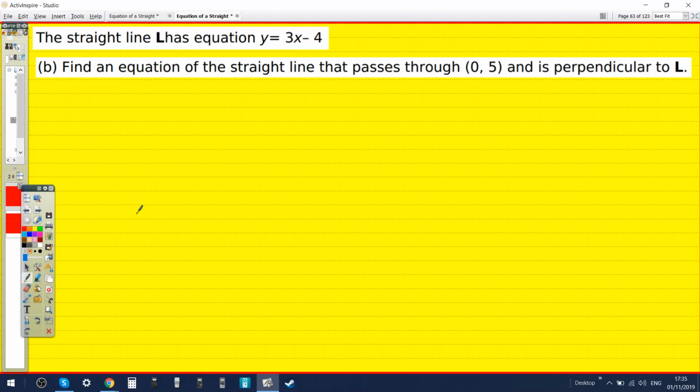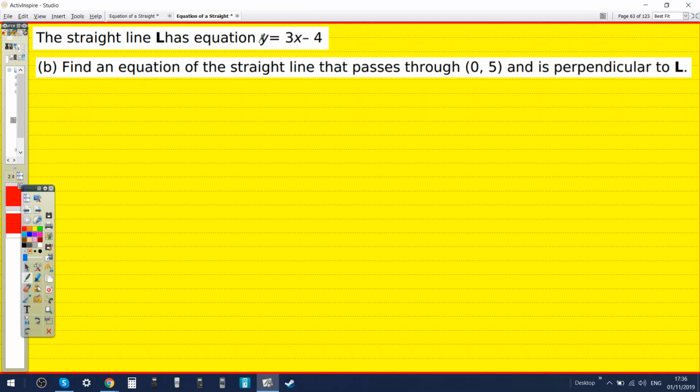You usually do the gradient first because you need the gradient to get the constant. Okay, but with only one coordinate, can we still work out the gradient? Yep. Oh yeah, okay. So we have to sub it. I'm not too sure what we have to do.